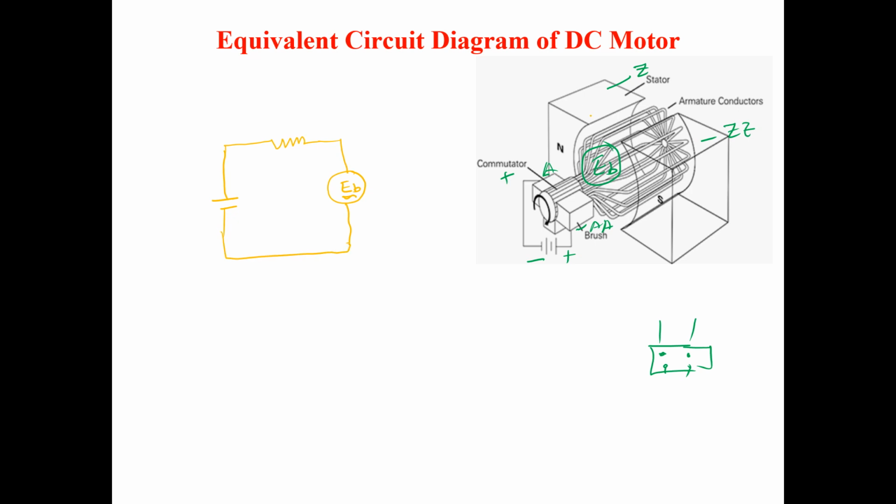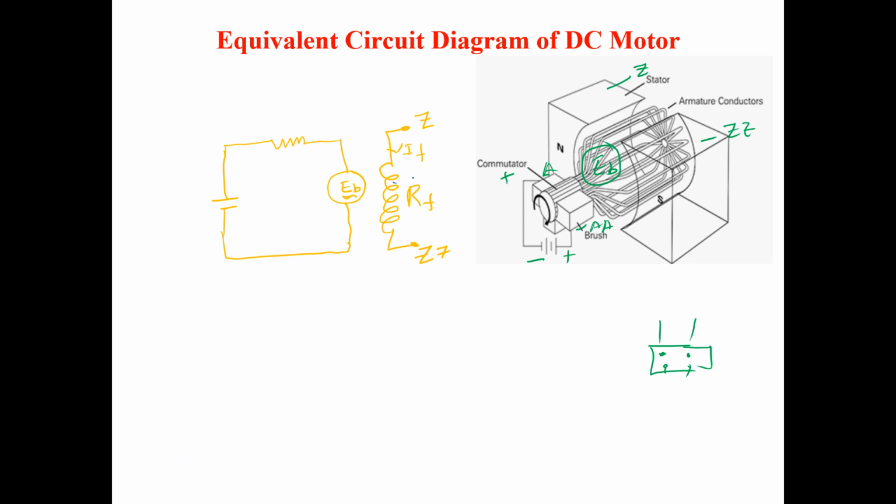Another part is the field Z and double Z. These are excited either by this source or by another source, so we can say these are the field windings. They may connect to this point or to that point. This will be Z, double Z, and the current flowing in the field winding is IF. This is the resistance of our field winding, the north and south winding, which are capable of developing our flux.